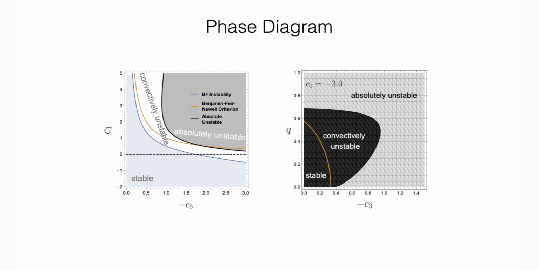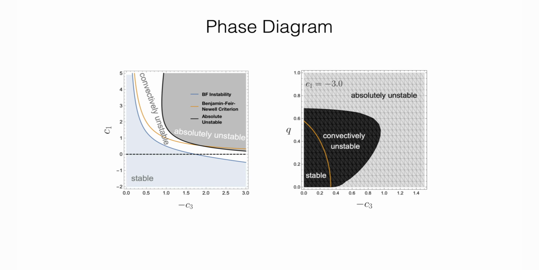Just look on the left-hand side for a second, not on the right-hand side, ignore that. As promised, this will be a phase diagram as a function of the two non-dimensional parameters that characterize the Ginzburg-Landau equation, C1 and C3. C1 in the linear part, C3 in the amplitude, the coupling constant of the nonlinear part.